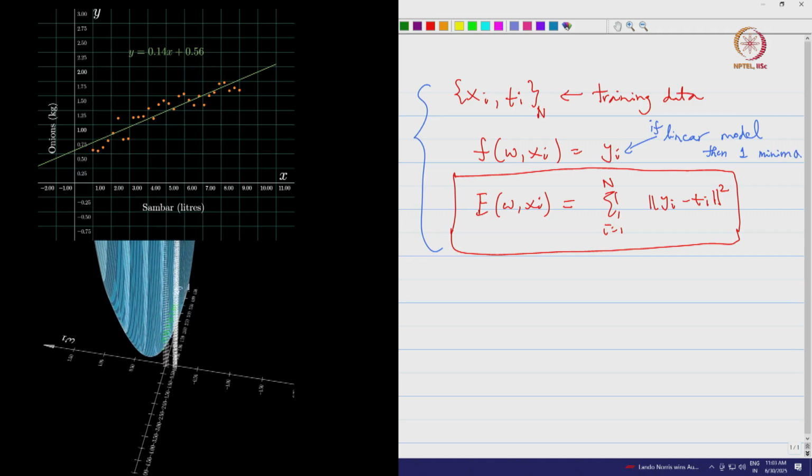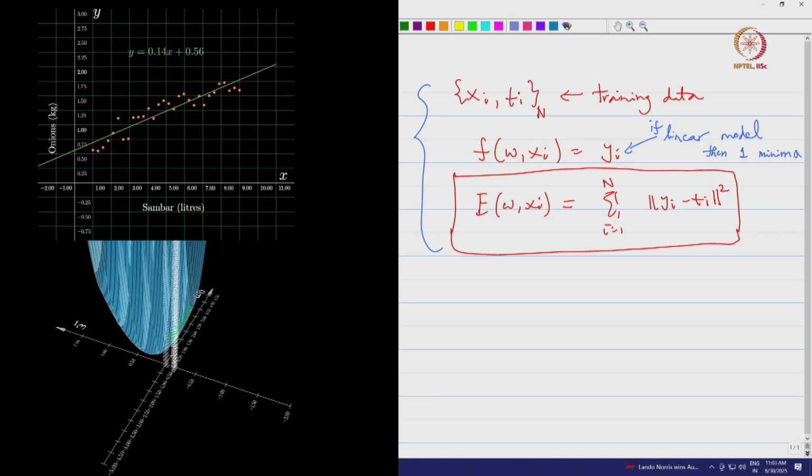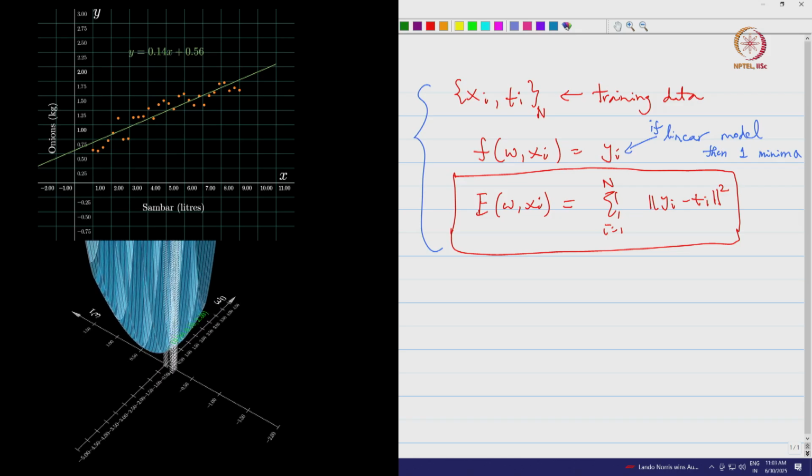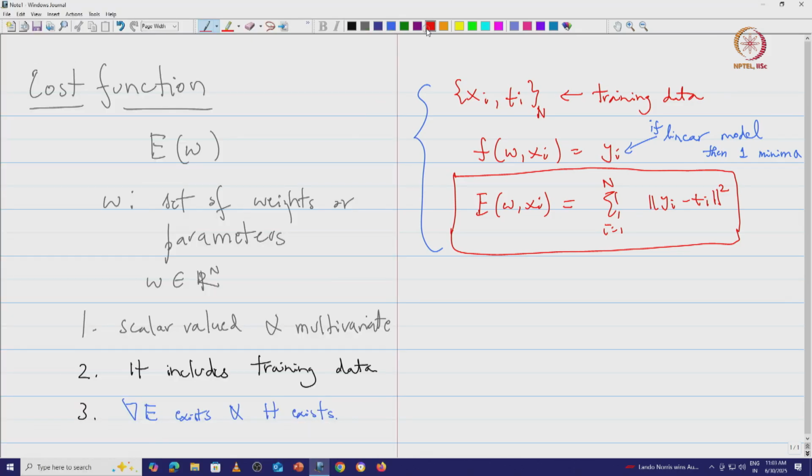If not, it could be a very complex model, it could be a hierarchical model. So what do we mean by hierarchical model?